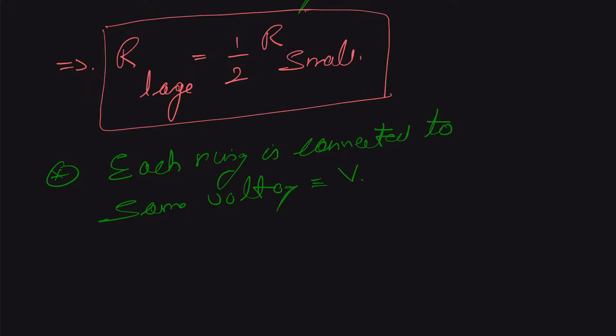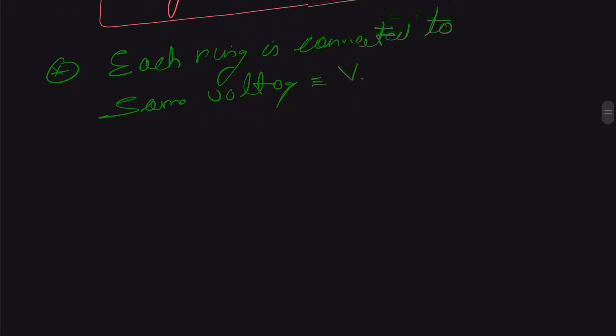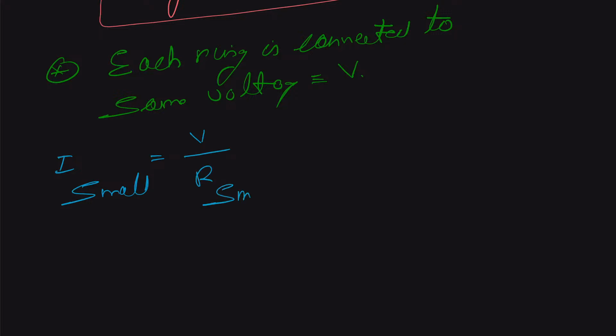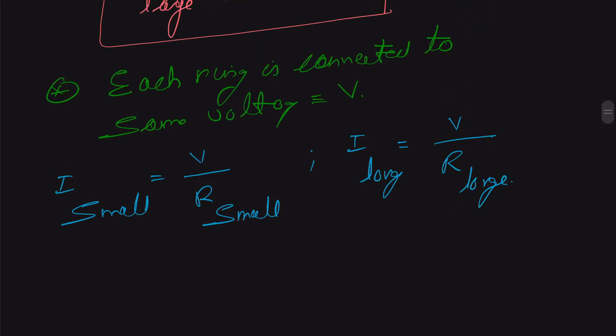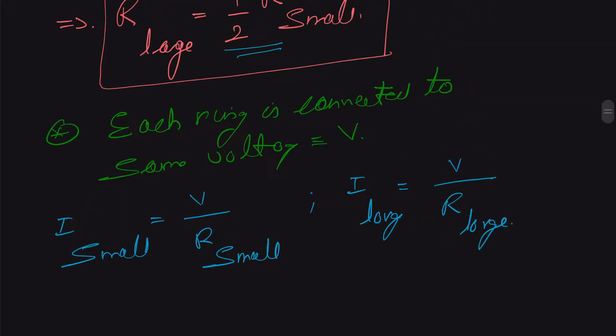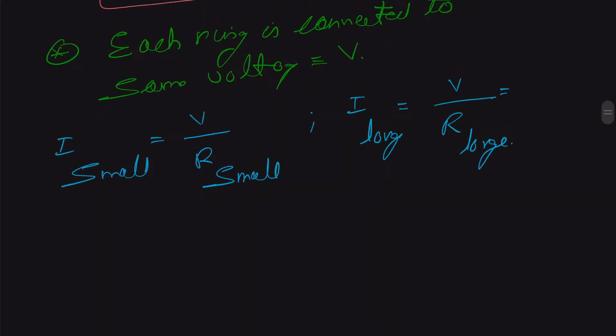Let us suppose that is our V. Therefore we can write that the current in our small ring will be equal to V upon the resistance of our small ring, and the current in the large ring will be equal to voltage over the resistance of our large ring. And we already know that the resistance of the large ring is 1/2 of the resistance of the small ring. So we can say this is equal to V upon the resistance of our small ring divided by 2.